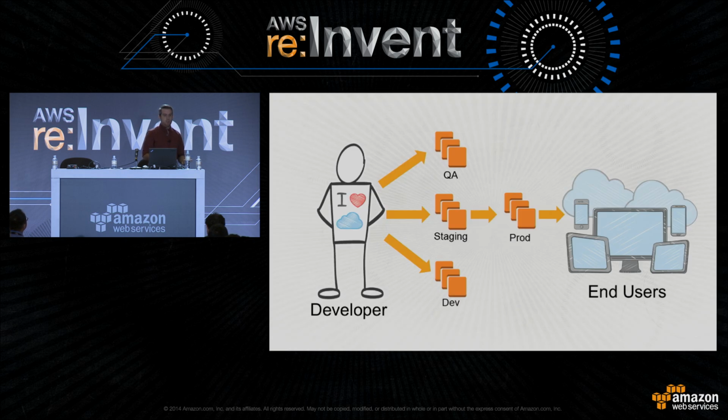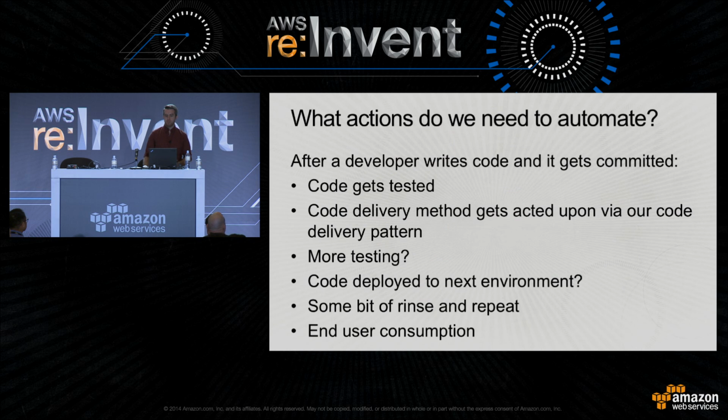What do we have to do here to put all of these together across these different environments? We obviously want to make this frictionless, easy, and simple to do, so some level of automation. If we think about what our automation workflow might look like, code gets committed by our developer. We want it tested. We want some sort of code delivery method to be acted upon via some pattern that we've chosen.